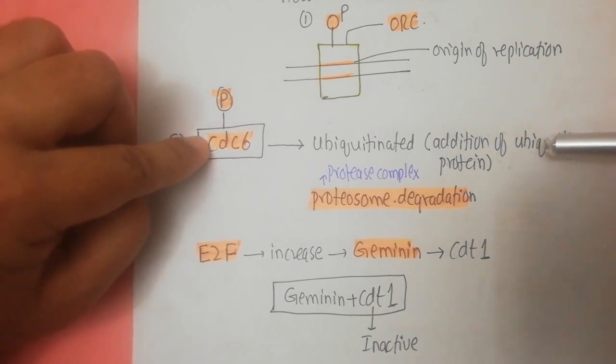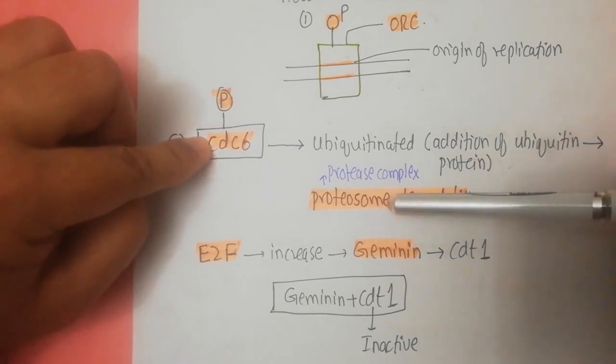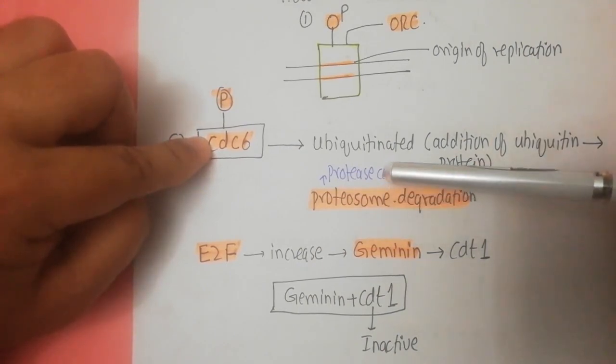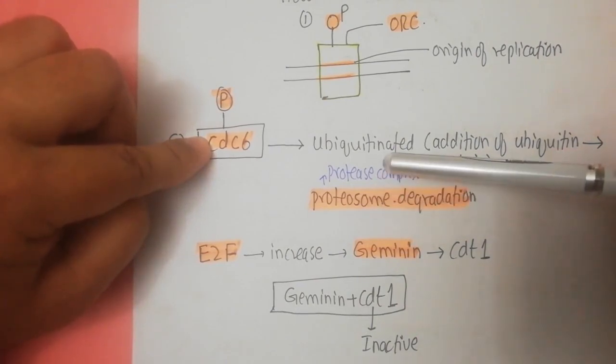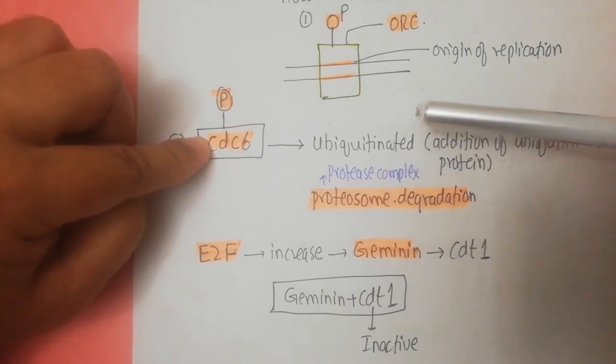And when ubiquitin is attached to a particular protein, it is a death signal for that protein, and it is going to be degraded by the proteasome, which is a protease complex. This is one of the strategies the cell uses to remove proteins that are not needed at that particular time.